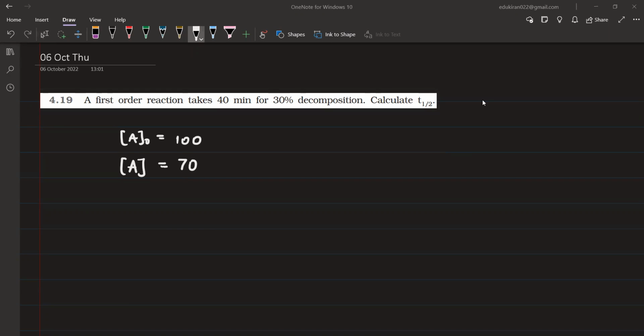So first of all, you will get the K from the integrated rate law equation, and from there you can calculate the T half.